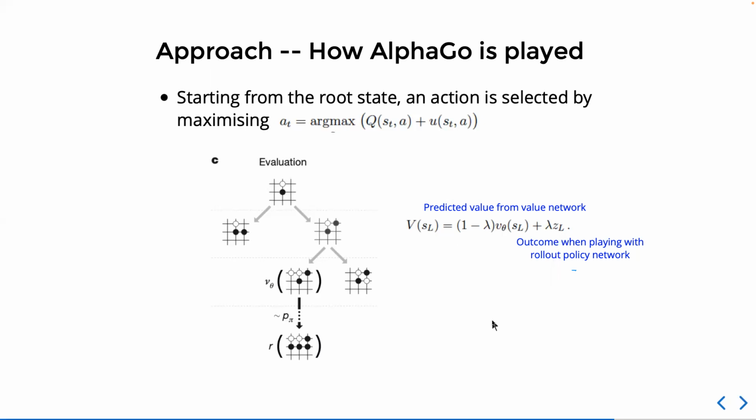Okay. But let's say the rollout policy gives us a 1, which means it wins using the Monte Carlo sampling search. Wouldn't that just outweigh the prediction from the value network? I think it will update the value network, right? The value of z_L will be one component of v_SL.